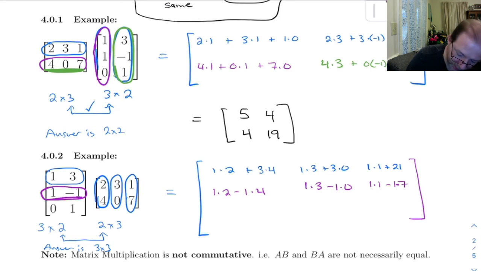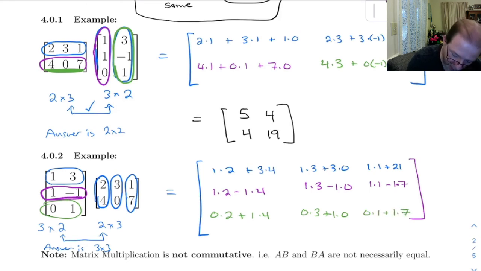And then we do the last row. Dot that with this, we'll get 0 times 2 plus 1 times 4. Not that it really matters, but I'm trying to be consistent. Then we'll get 0 times 3 plus 1 times 0. And then we'll get 0 times 1 plus 1 times 7.